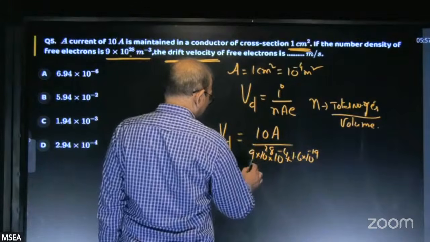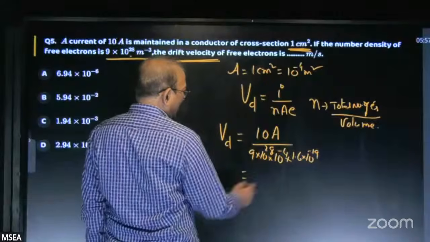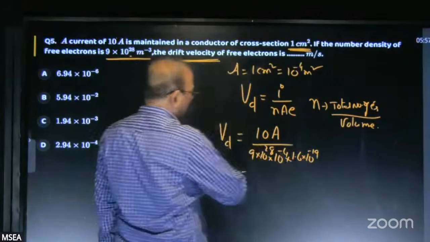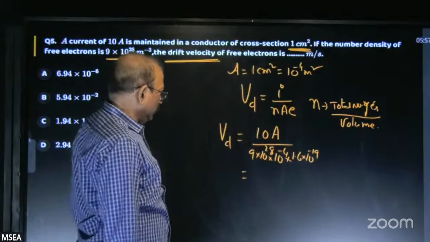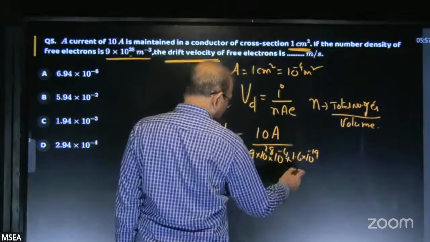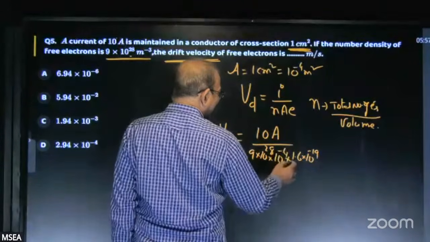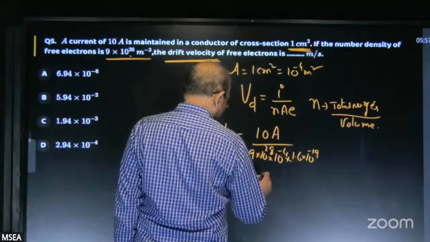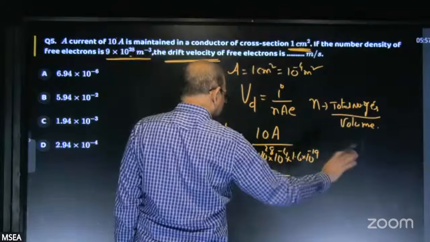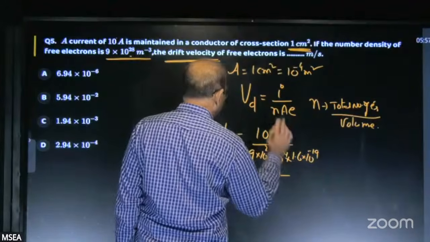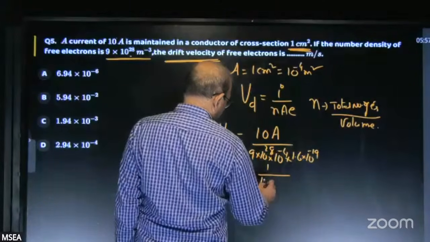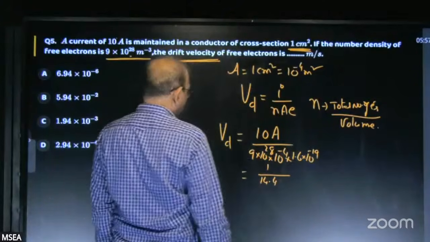So this 9 into 1.6, this 1.6, 16 by 10 you write. 16 by 10, 10 goes up now. So what you will get is, this 10 power all let us keep aside. 9 into 1.6, 14.4.